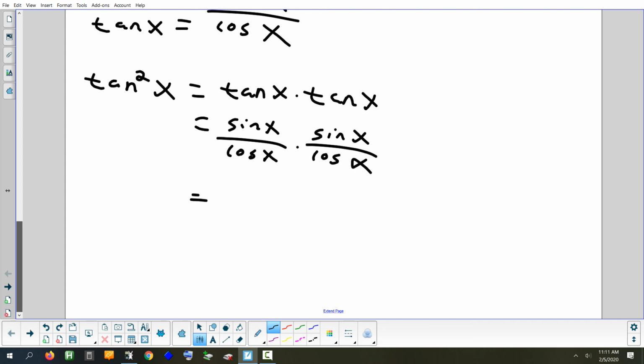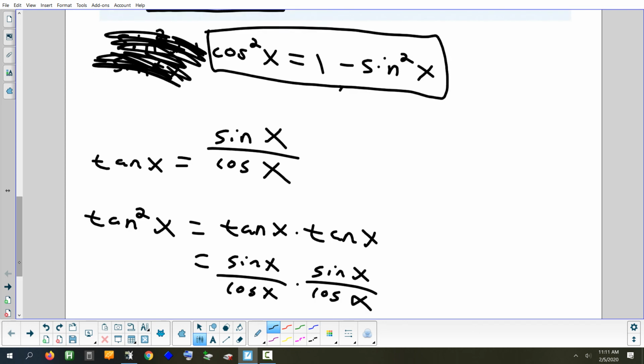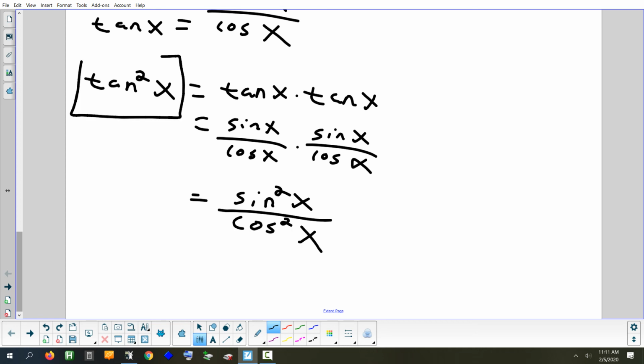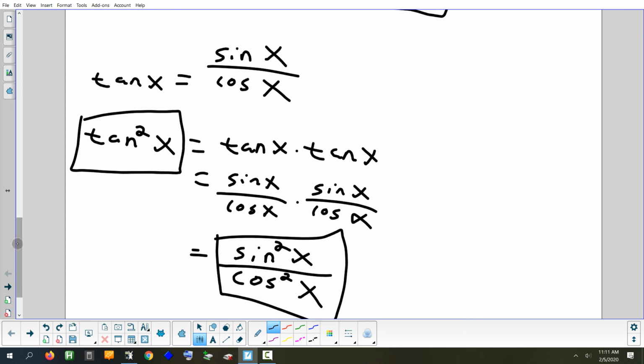What do you think sine times sine is? Sine squared. And what about cosine times cosine? Cosine squared. So the point here is tan squared is sine squared over cosine squared. What do you think tan cubed would be?